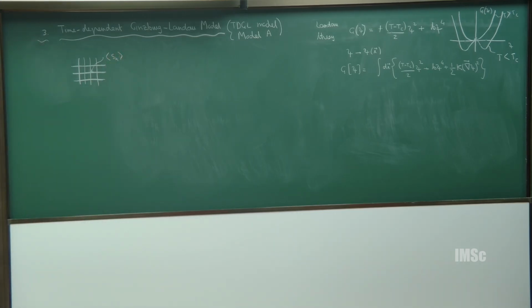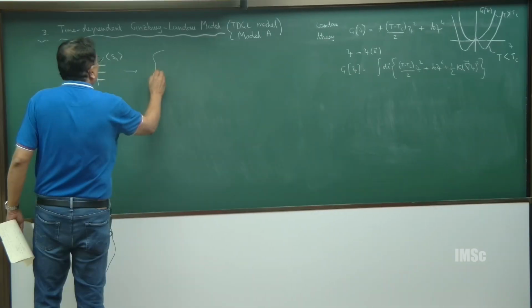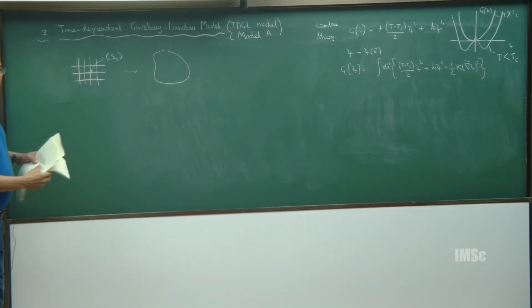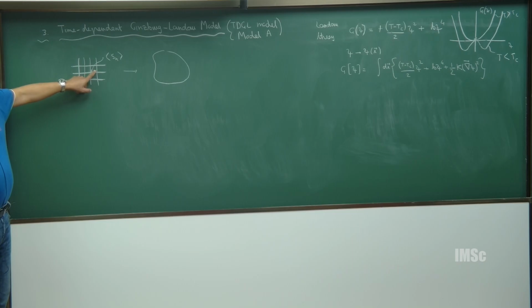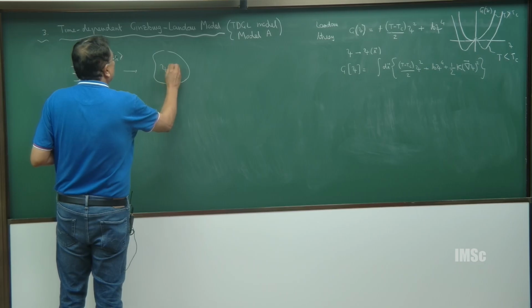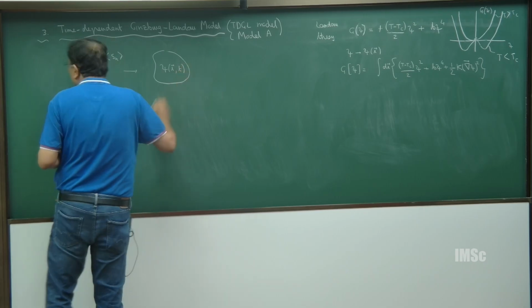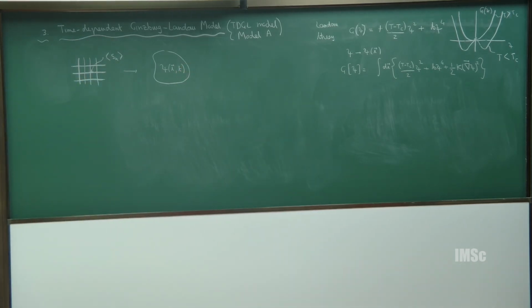I have these discrete lattice sites and variables described on them. I do my usual coarse-graining procedure. I assume that the length scale I am looking at is much larger than the microscopic length scale, the lattice spacing, and I can replace Sn by a field psi(r), and in this case it will also depend on time, because it is a non-equilibrium problem. I am going to show you how to get that from my Glauber kinetic equation.